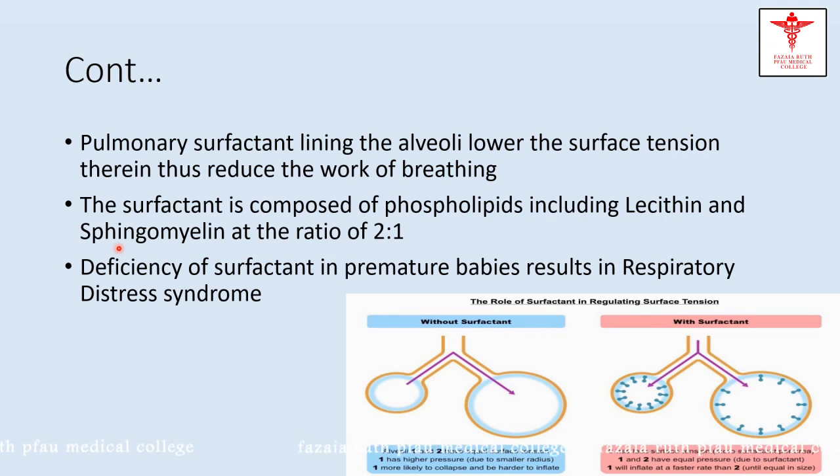Although the synthesis of surfactant starts in intrauterine life by the 28th week of gestation, in preterm birth the ratio between lecithin and sphingomyelin is disturbed. As a result, a condition known as respiratory distress syndrome appears in preterm babies.